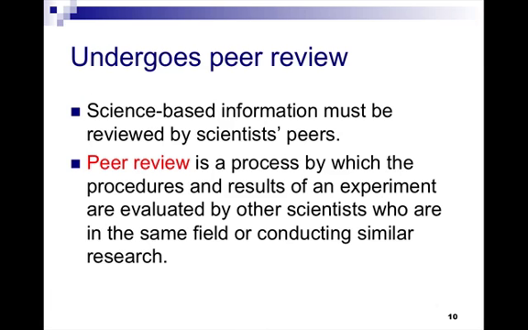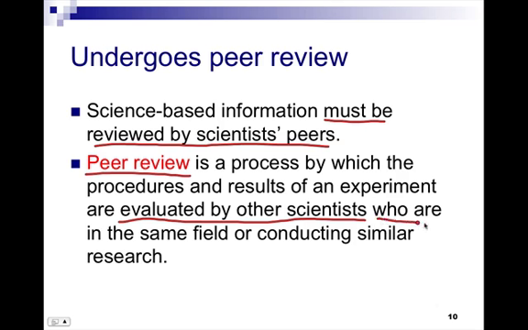Also, science always undergoes peer review. Science-based information must be reviewed, and here's the key, must be reviewed by scientists' peers. So what is a peer review? It's a process by which the procedures and results of an experiment are evaluated, here's the key, by other scientists who are in the same field of research or conducting similar experiments.